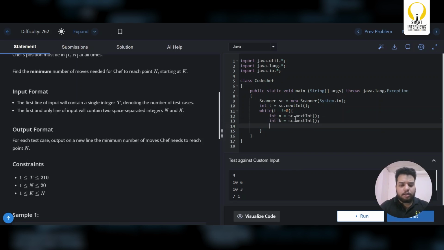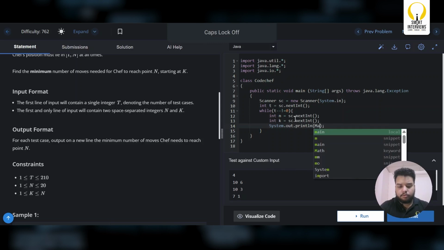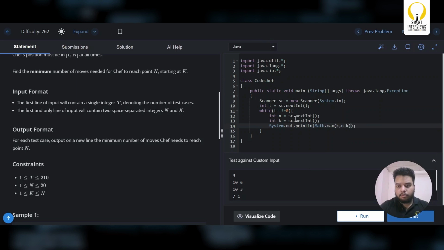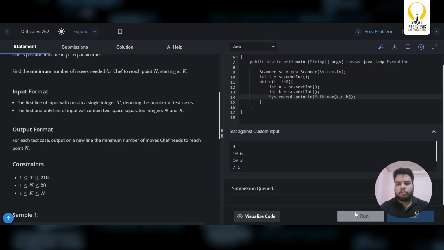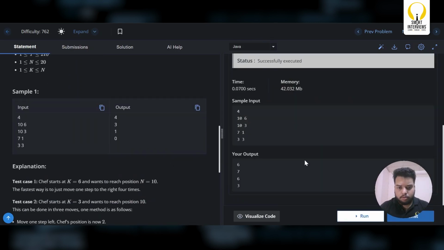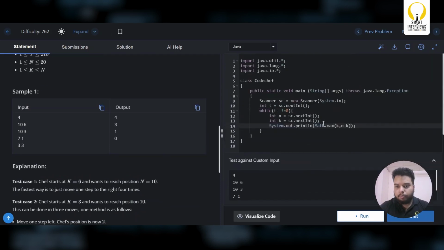And my answer is going to be System.out of the maximum of k or n minus k. Oh, I had to take the minimum, right? Minimum number of steps.